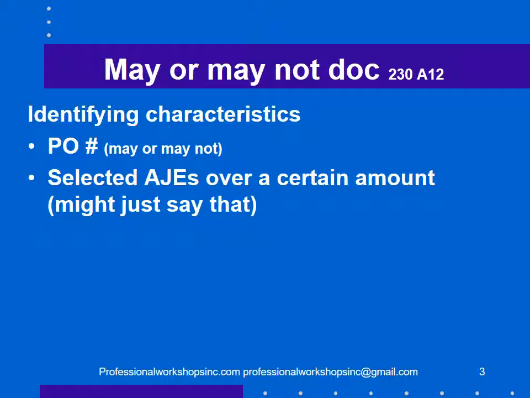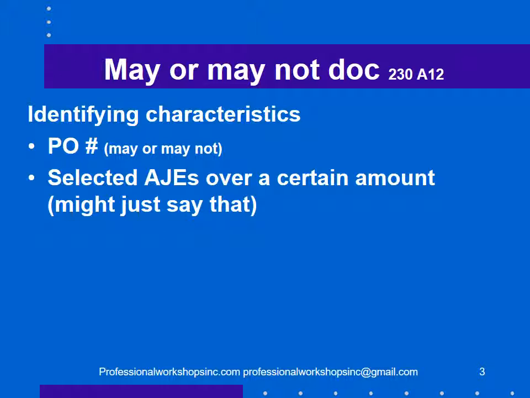Now, in terms of identifying characteristics, professional standards say, for instance, about purchase orders, that we may record a purchase order number. Now, may means the same thing as may not, so that's the same as standards saying if you're looking at a series of purchase orders, you may not choose to record the purchase order number. So that's an important thing to note.